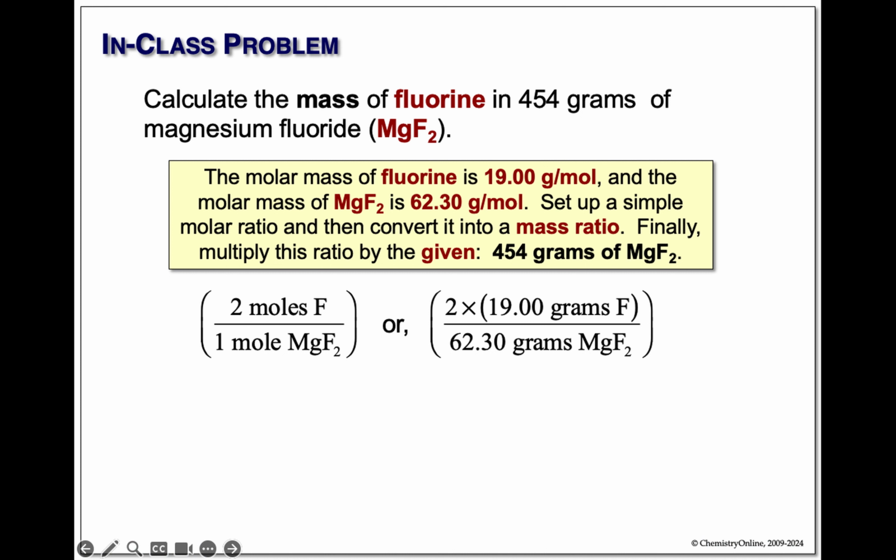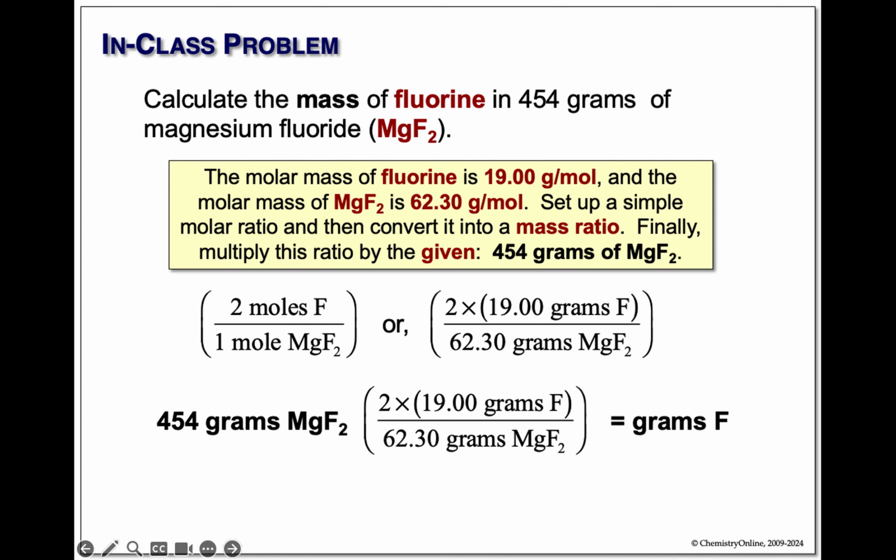Sure it is. Take our given, multiply it by a ratio, magnesium fluoride cancels, we're left with grams of fluorine, which by the way is what we want. 454 times 2 times 19, we have about 277 grams of fluorine.